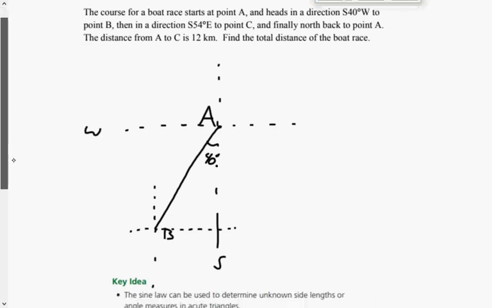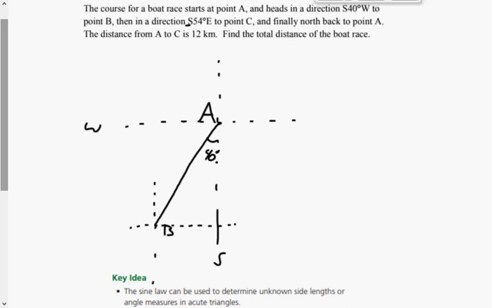I also know that it's going to go south 54 degrees east to point C. So if I measure off of south towards east, I know that this is 54 degrees. Now I know the distance from A to C is 12 kilometers.